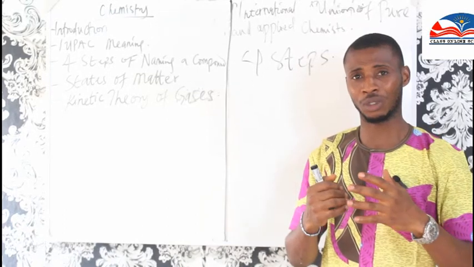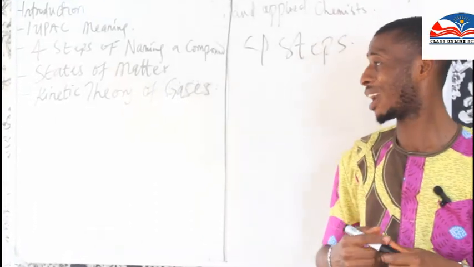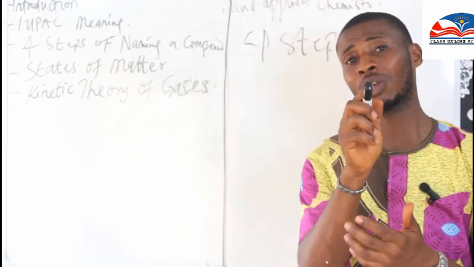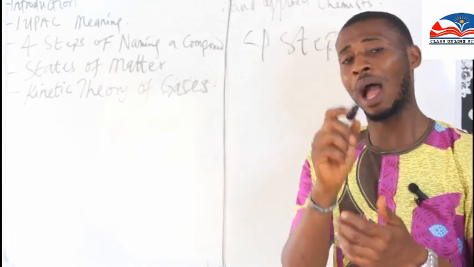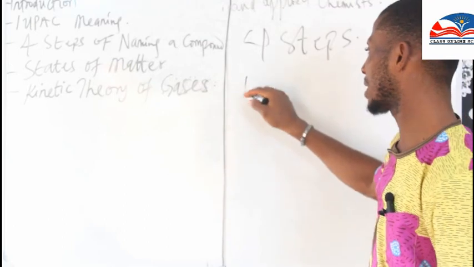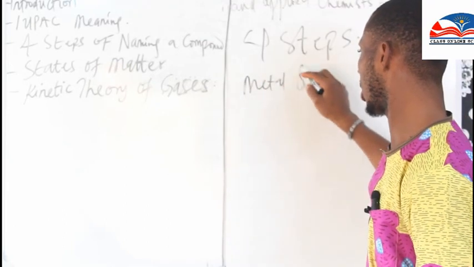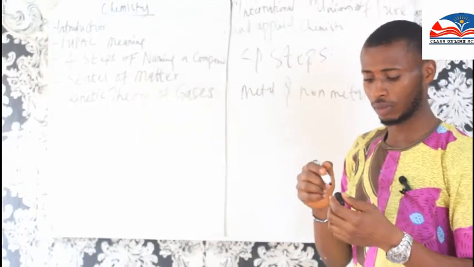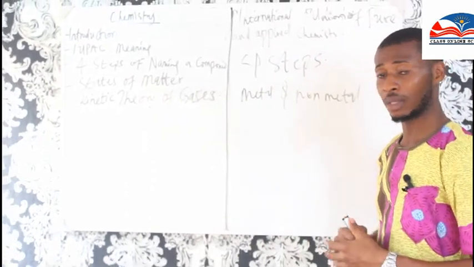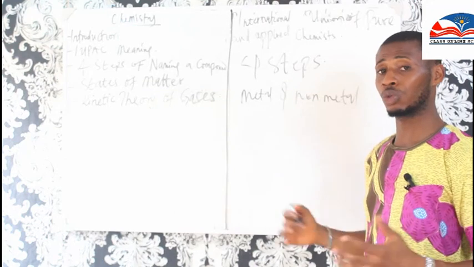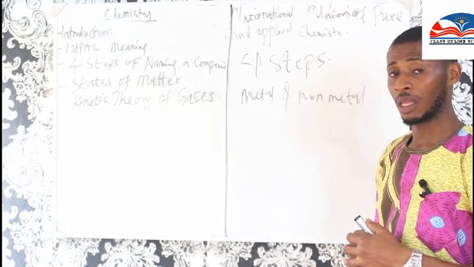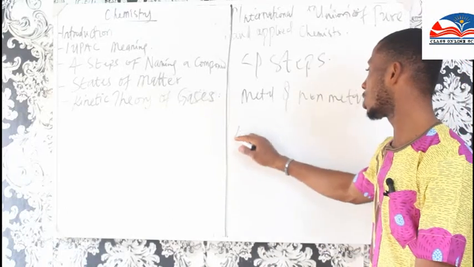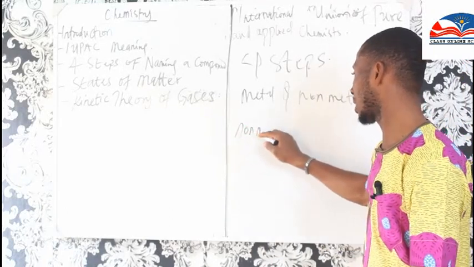They seem confusing, so let me explain. Ionic means that the compound has a metal and a non-metal. There is no two ways about it. And it is molecular if the compound is a combination of non-metals.